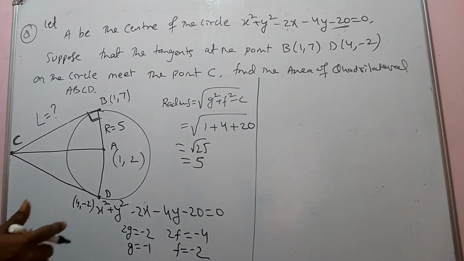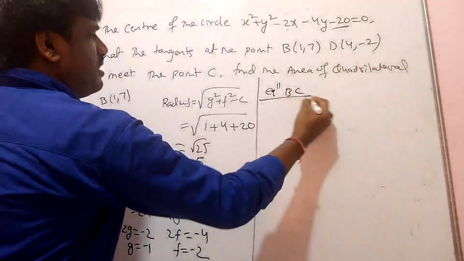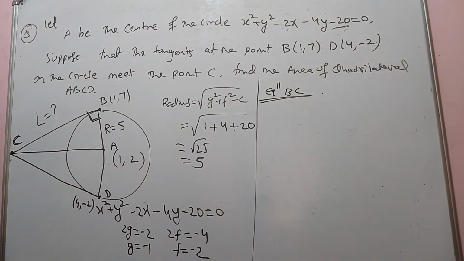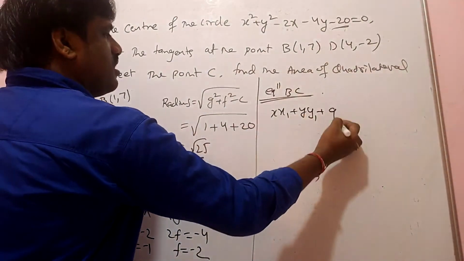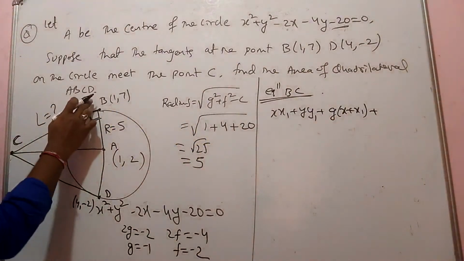So what we do in this case is find the equation of BC, which is the equation of the tangent. How to find the equation of the tangent at the point? The equation of the tangent at the point is x x1 plus y y1 plus g into x plus x1 plus so on.